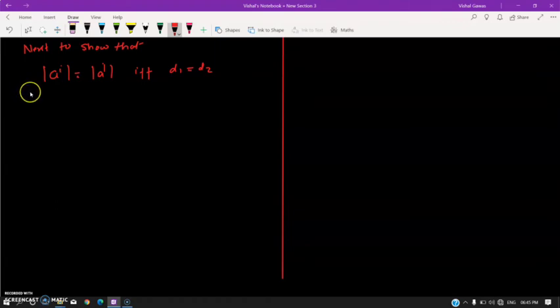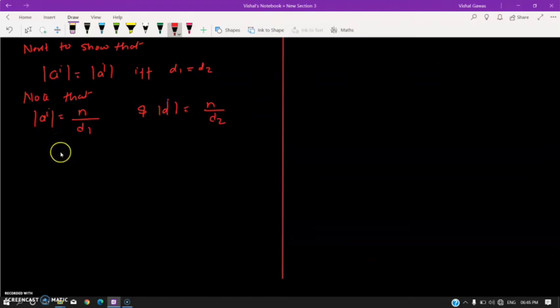This is what we'll have to show. All right, let's look at this one. Note that the order of a raised to i is nothing but n over d1, and the order of a raised to j is nothing but n over d2, right?